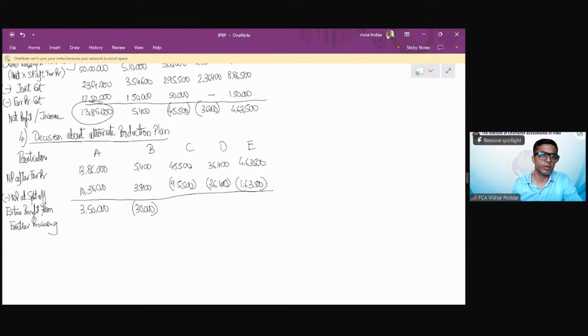I hope you are getting this. If I do further processing here, I get a benefit of 50,000 because my loss has reduced. Here there is no effect because anyways D cannot be further processed. And here, if I'm doing further processing, I'm getting a benefit of 3 lakhs. So as you can see, by doing further processing, I get extra benefit positive here, here, here.